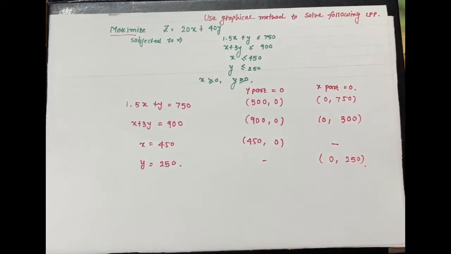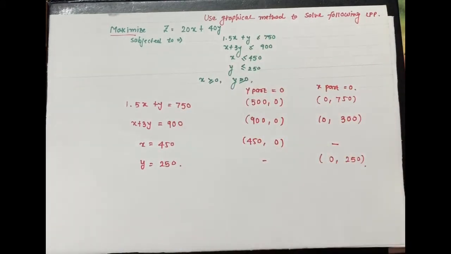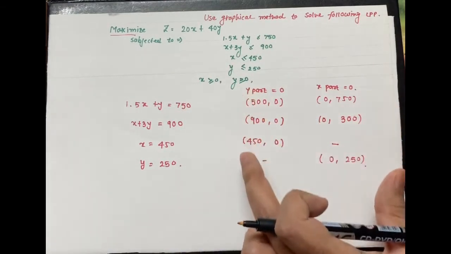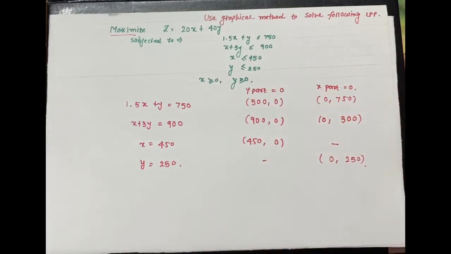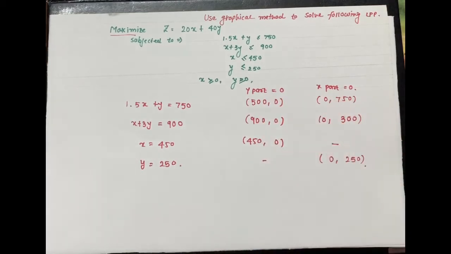So this is the second step. The very first step is that inequalities are converted into equal to sign. Second is that you require to identify the intersection of these lines with your horizontal axis and vertical axis. After doing this much, it is essential for us to use a graph paper.